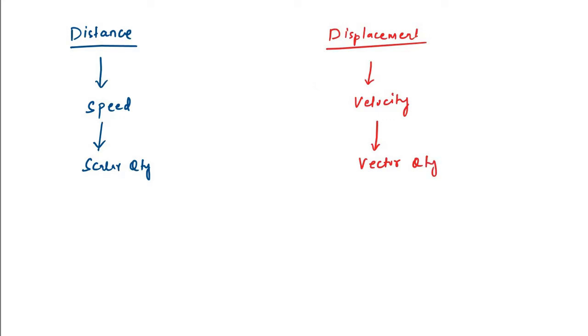Here it has only magnitude but no direction. Here it has both magnitude and direction. So now let us see what speed and velocity are.